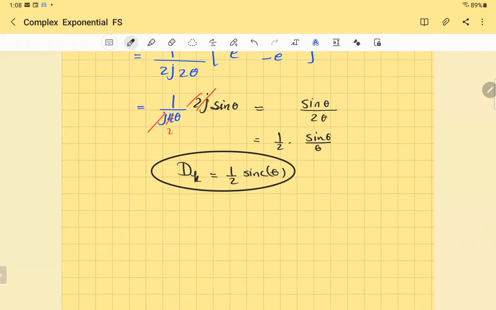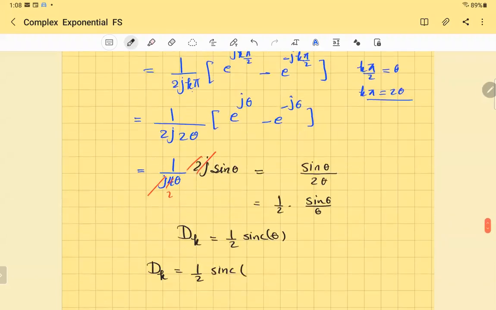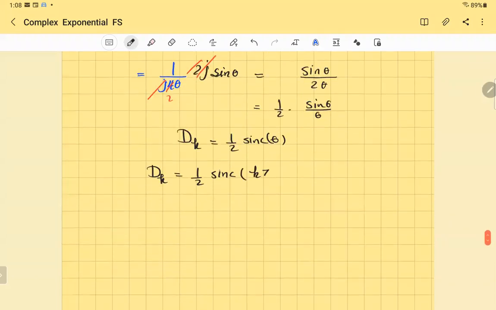All right, now I can put it back in the original form, because what is theta? Theta is equal to k pi over 2. Let me go to the original formula: sine of k pi over 2 over k pi over 2.